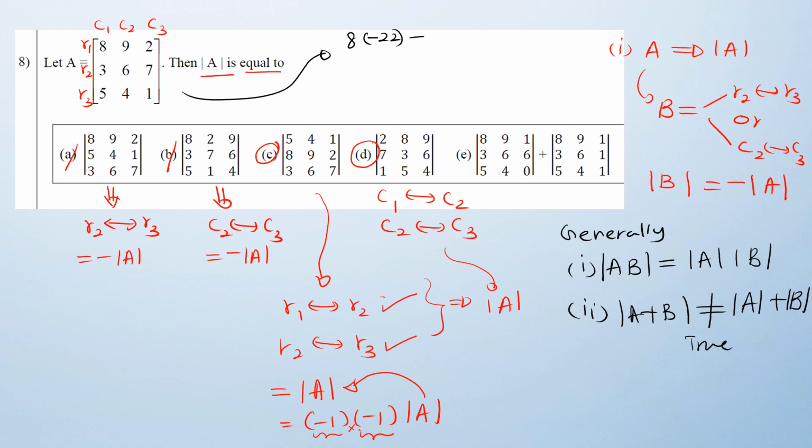Minus 9 into its minor. First row neglected, second column neglected. Then we have 3 minus 35, that is minus 32. Similarly, we have plus 2 into minus 18. Then the answer is 76.